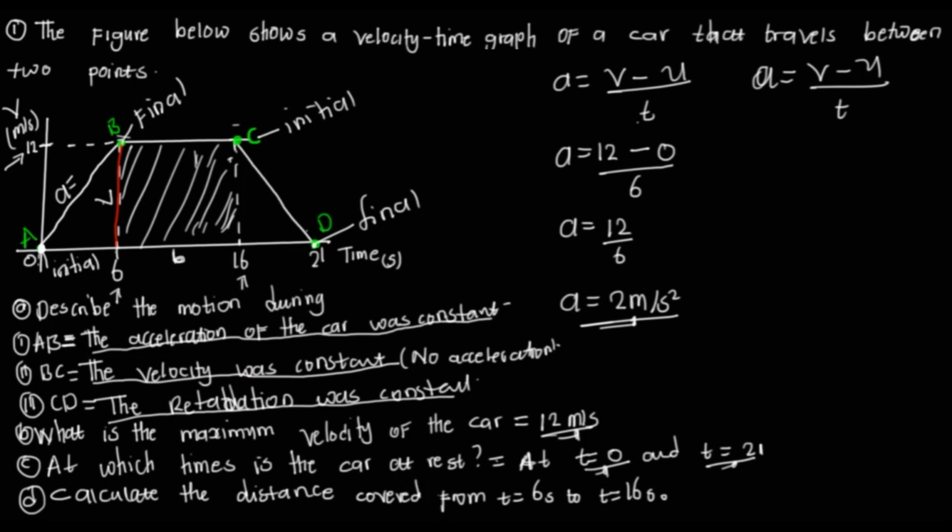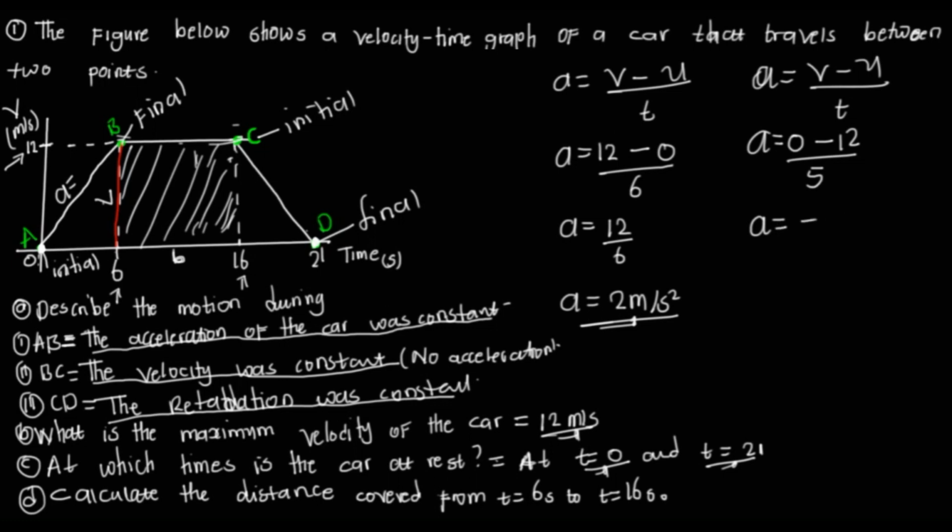Now the final is 0, since this line CD is touching the x-axis. When the line is touching the x-axis, the final is always 0, minus the initial at C. From the y-axis, the initial is 12, over 21 minus 16, which is just 5.